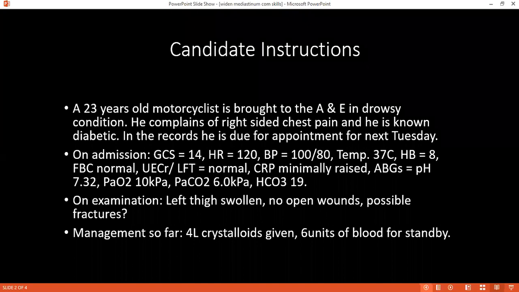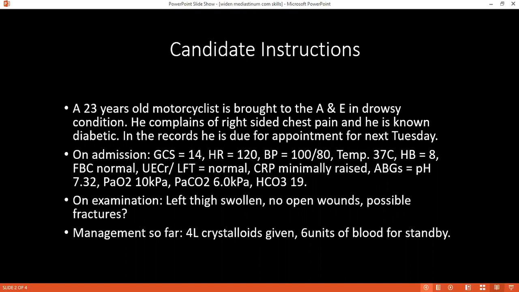Then I will ask for electrolytes. I will see the potassium level, sodium level. Then I will start giving insulin according to the weight. And who else would you involve in the care of this patient? I will involve the anesthetist and also the ICU.